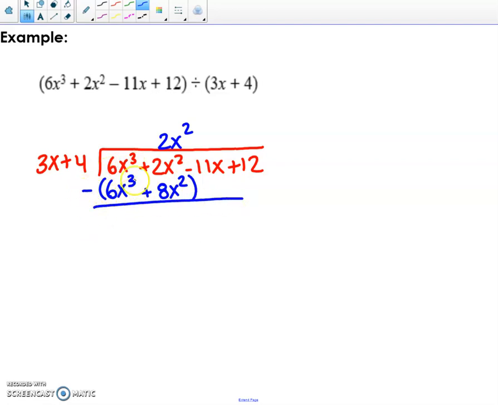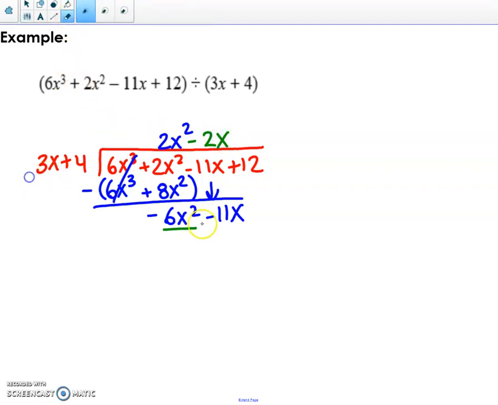6x cubed minus 6x cubed cancels. 2x squared minus 8x squared is negative 6x squared. Bring down the next term. Okay, look at the first term and the first term. So we have a 3x. We want a negative 6x squared. So what times 3x gives us negative 6x squared? That's going to be negative 2x.